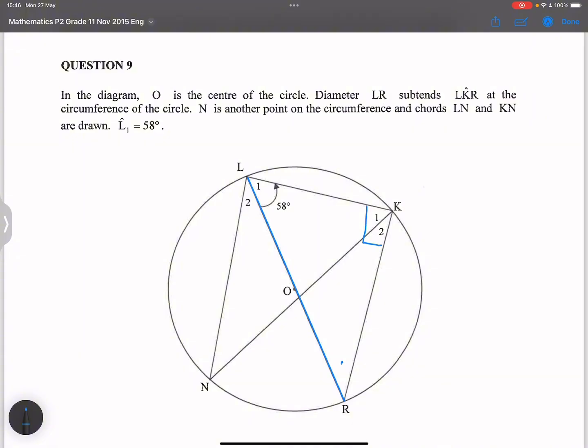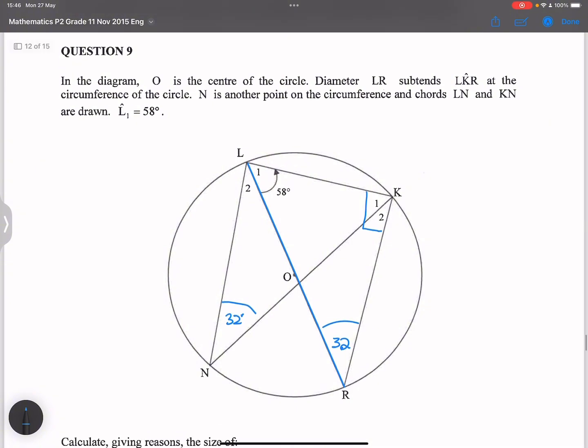This angle here would be 32 degrees, if you consider that these are angles in a triangle, L1 plus K plus R. But it means that angle R would be equal to angle N. So these are both 32 degrees. These are angles at same segment, right?